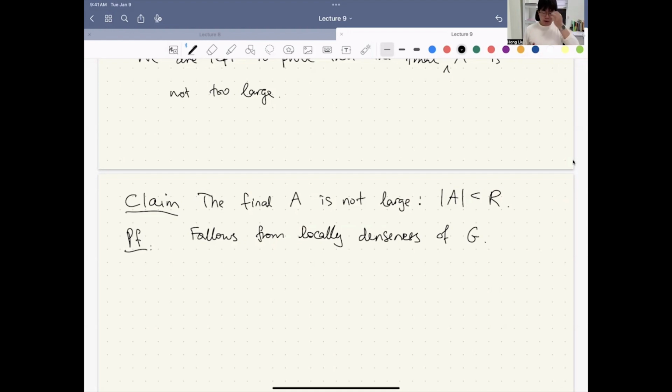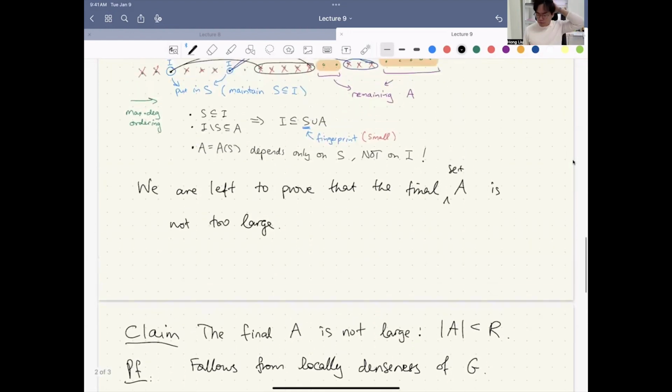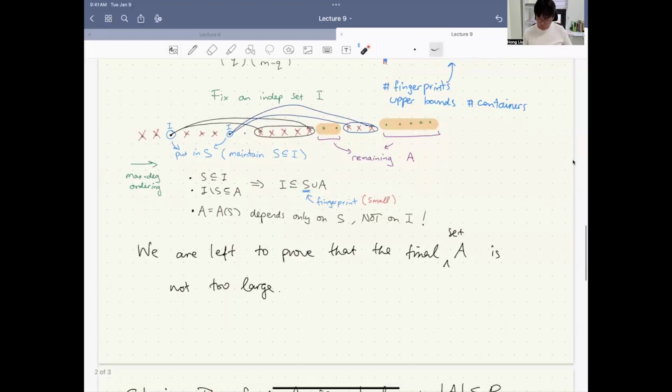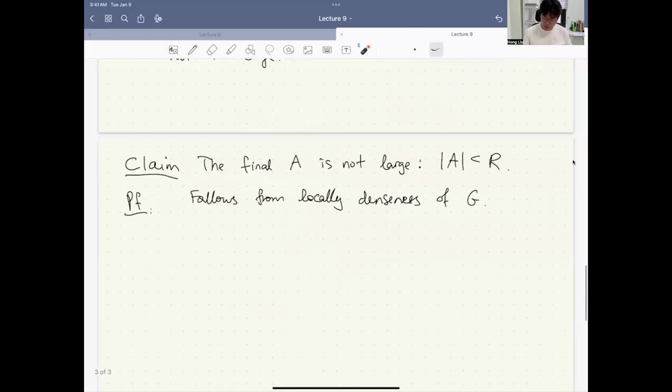So now in this process, at every step, at the I step, we have the current A. Let's say at the beginning of the I step, let AI be the current set of remaining vertices at the beginning of step I. Let's analyze each step.